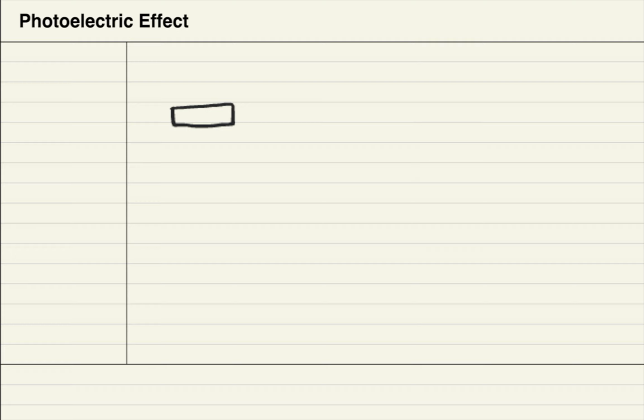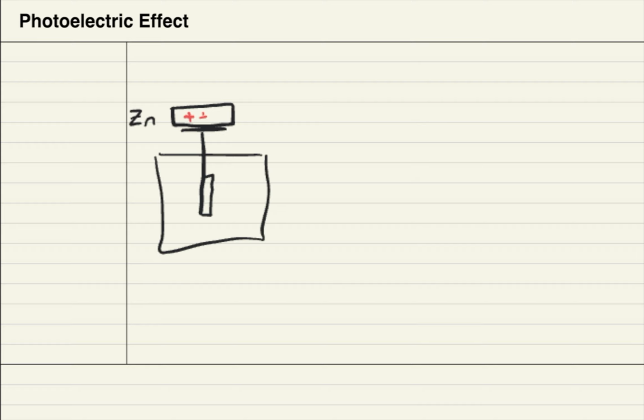This is a piece of zinc sitting on a gold leaf electroscope. We'll give it some charge, and as expected, the gold leaf rises because like poles repel. So far, so IGCSE.